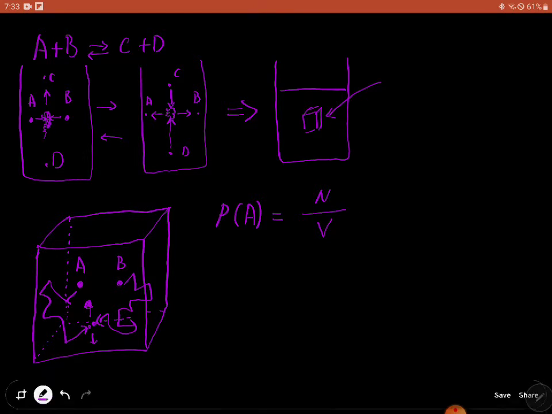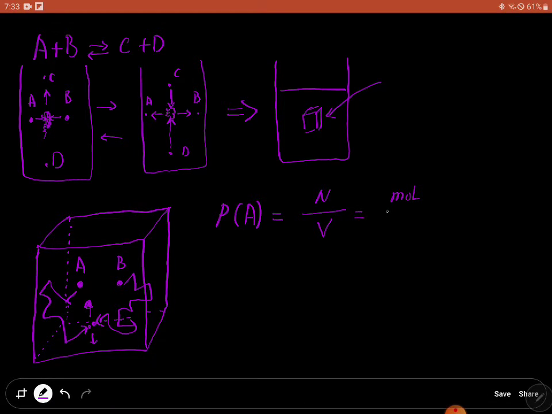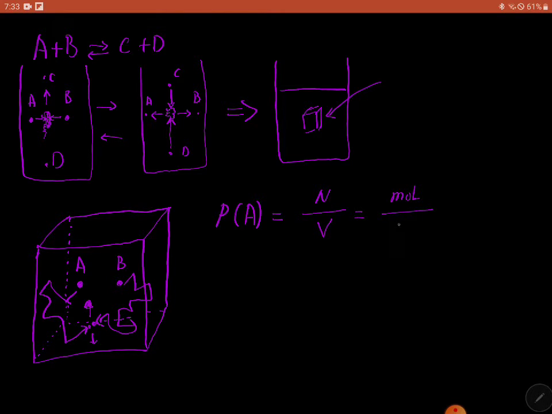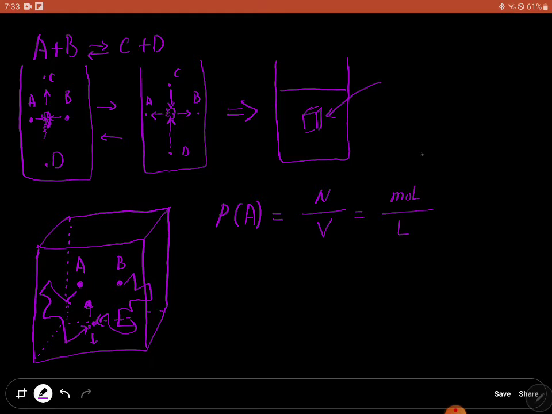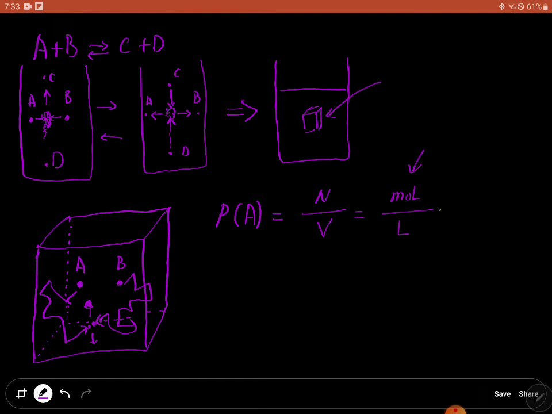And then in chemistry, for the number N, we can write moles. A mole is a unit for a group of elements. And for V, usually in the scientific way, we write liters. And what is this unit in chemistry?